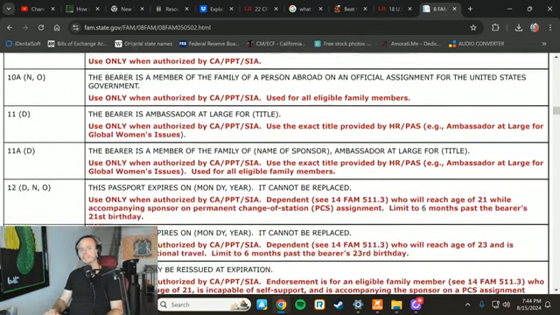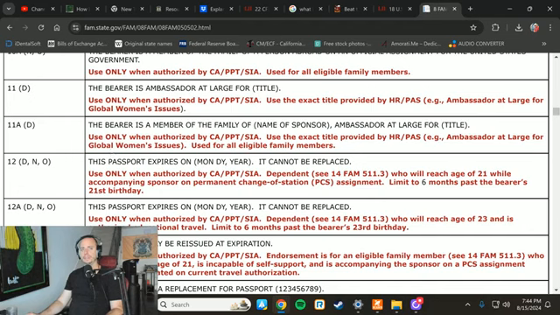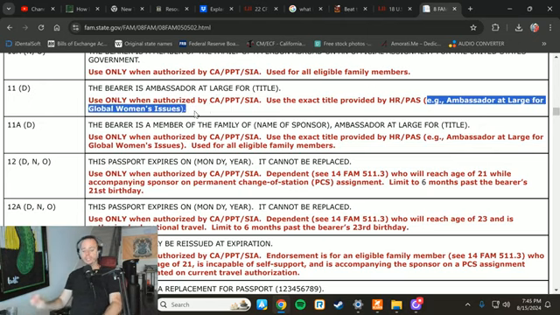11's my favorite. It's for diplomatic only, right? The bearer is an ambassador at large for title, right? And like I said before, the definition of a nation, look at the example here, ambassador at large for global women's issues. Is global women's issues a physical location or territory? No, it's not. It's a nation.